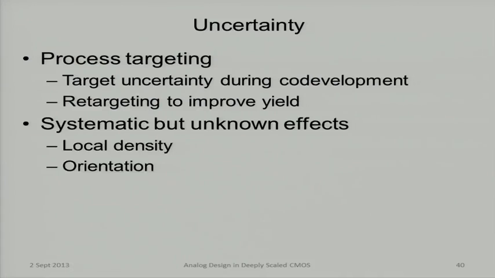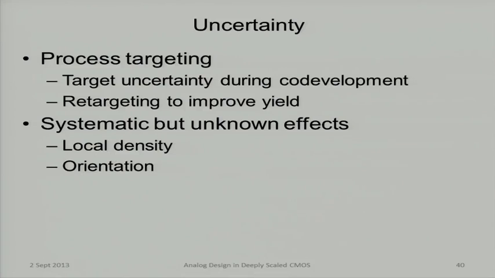There's also systematic but unknown effects. There are local density effects that are conceptually knowable. For example, when I'm designing my standard cell library, I could potentially extract every individual standard cell inside the environment it eventually ends up in, but it's not practical, but it's consistent and knowable.